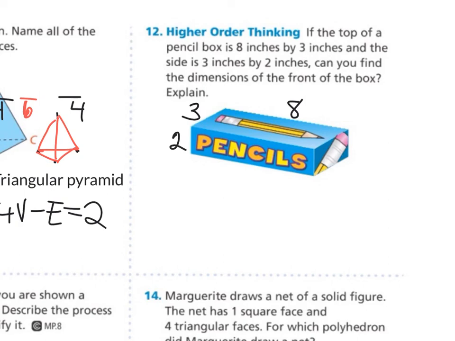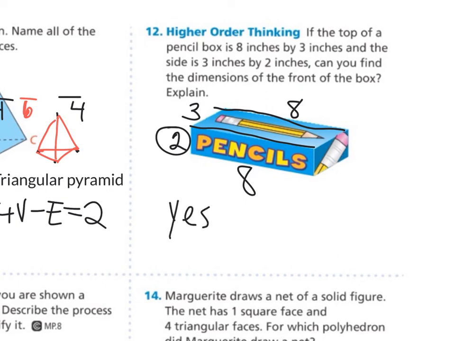So the answer is yes. You can see already there would be a 2, and then if this is 8, then this would also be 8. So our dimensions would be 8 inches by 2 inches, or 2 inches by 8 inches. So this gives you an idea of how to represent solid figures using nets.